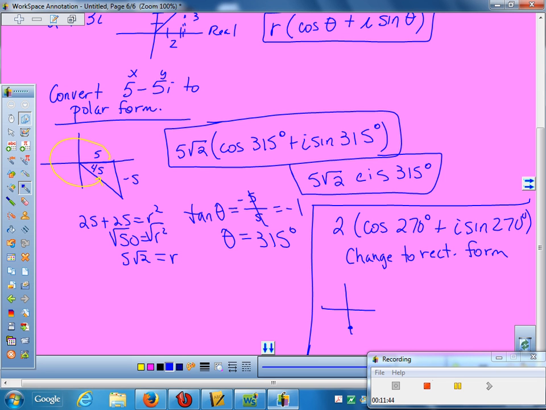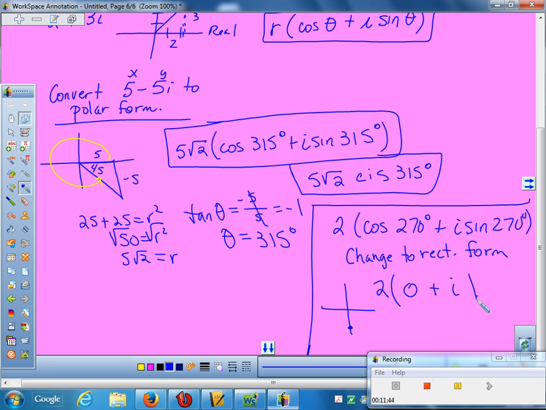Essentially, all you need to do here is figure out what's the cosine of 270 degrees. Don't we already know that? I'm on the same line as 90, so it's the same thing as cosine of 90, which is 0. And if it's 0, I need the sine of that same angle. So if cosine is 0, that means sine is 1.